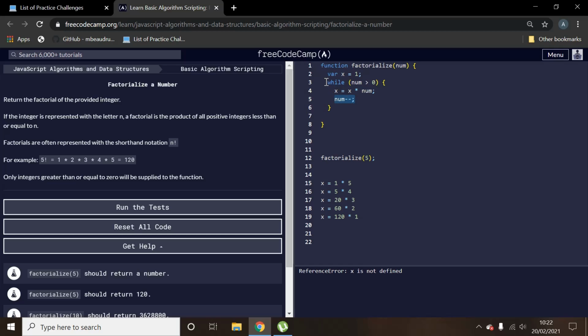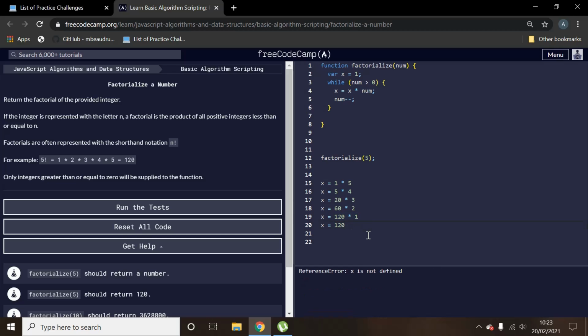So when it tries to do the loop again, while num is greater than 0, but it is not greater than 0 now, because after the num minus minus, x is equal to 120, because 120 multiplied by 1 is equal to 120.